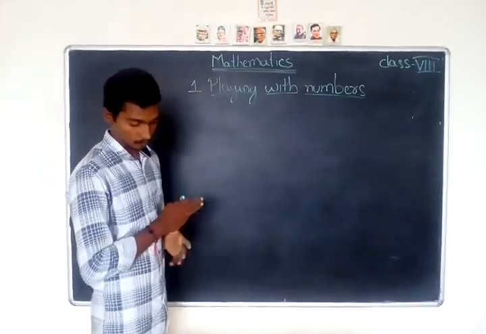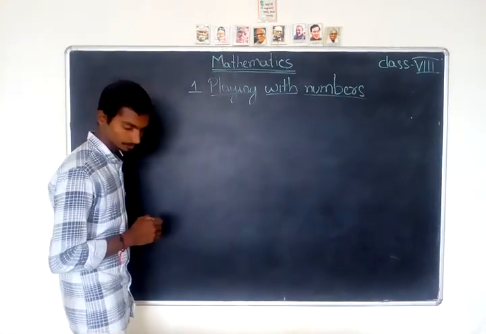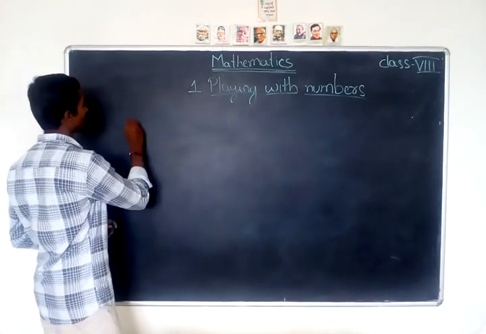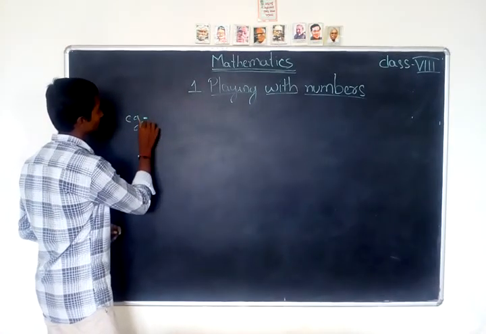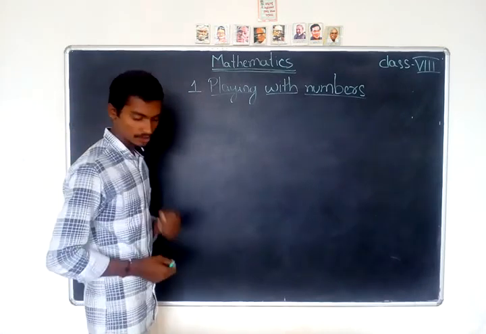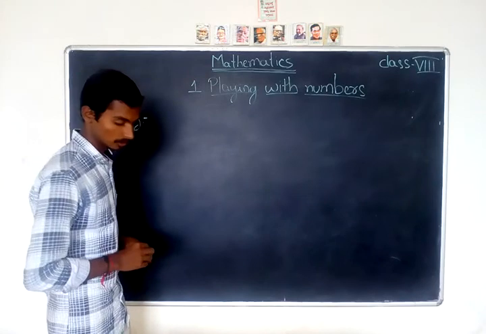A number is given in its general form, and we will try to write it in its normal form.